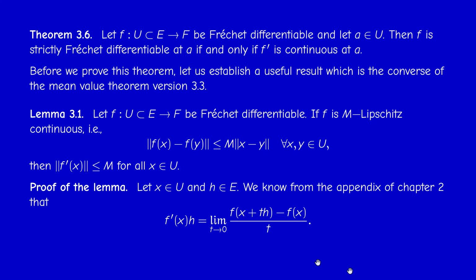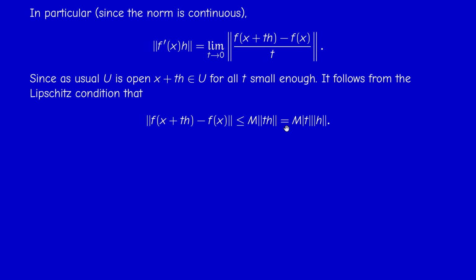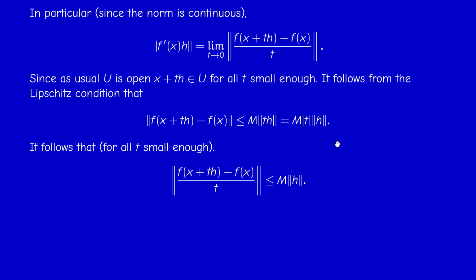Now if we apply the Lipschitz condition, we get that the norm of f of x plus th minus f of x is less than the constant m times the norm of the difference between x plus th and x, which is just th, and I can put t outside, so I get m times absolute value of t times the norm of h. So when I divide by absolute value of t, we get that the ratio, the Gâteaux ratio if you like, is bounded for all t small enough by m times the norm of h.